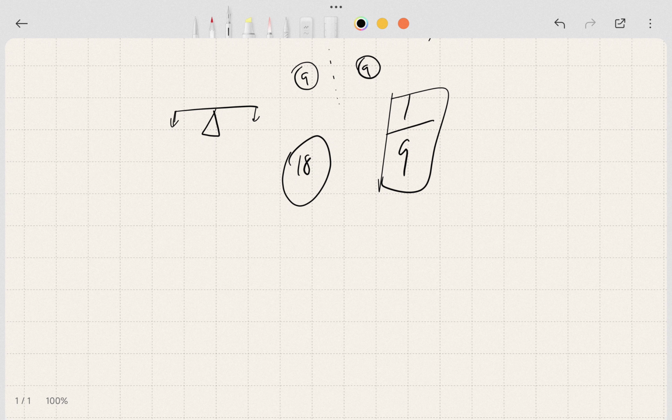The only distinguishing factor is that the defective gold bar is 99 grams, whereas the ordinary standard gold bar is 100 grams.